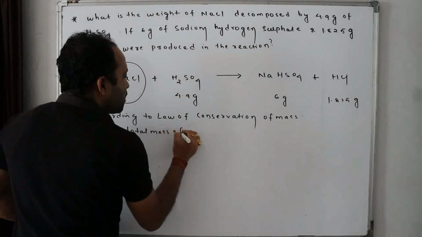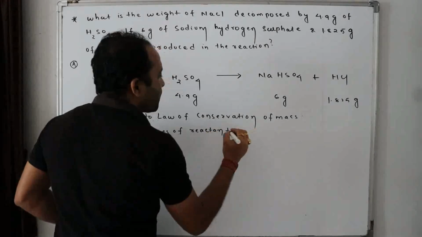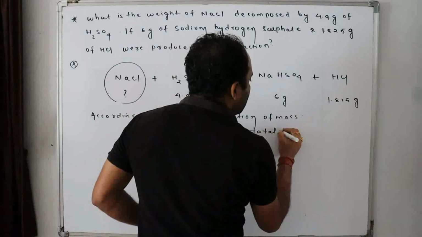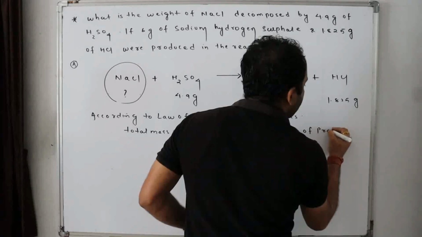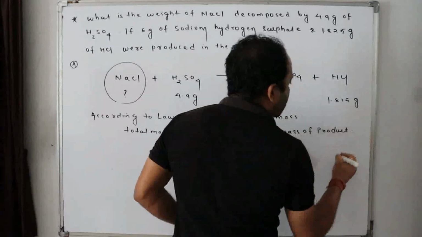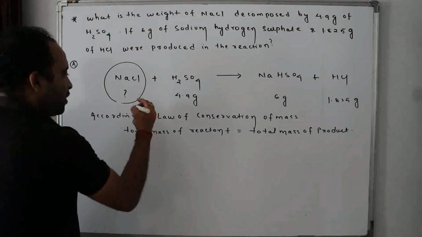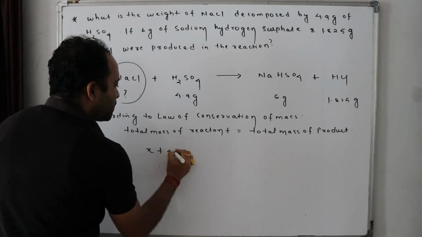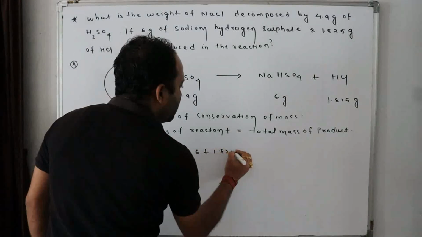Total mass of reactants will be equal to total mass of products. That means total reactant is how much? For NaCl, let it be X plus 4.9 is equal to 6 plus 1.825.